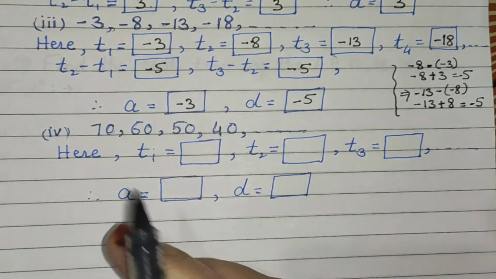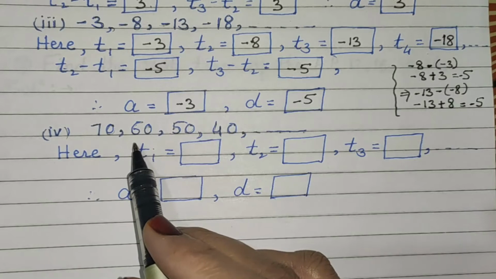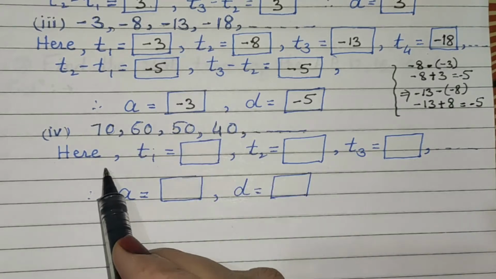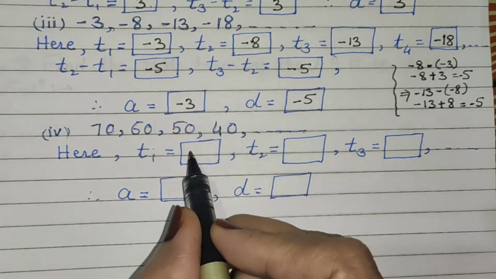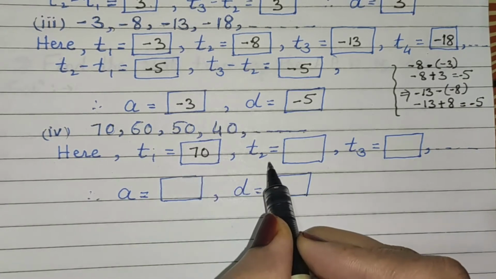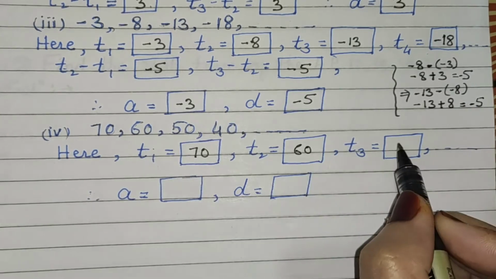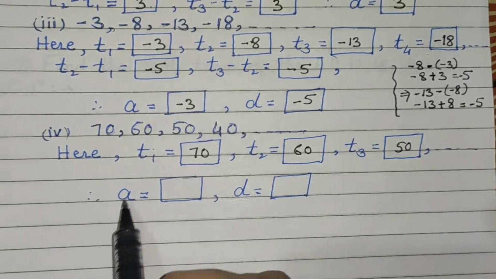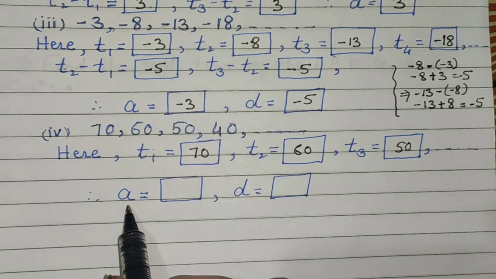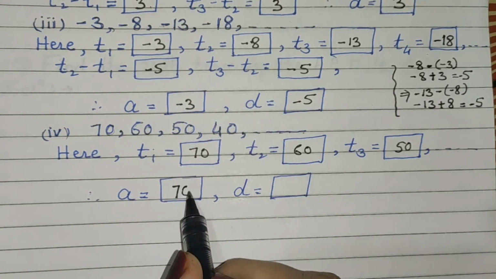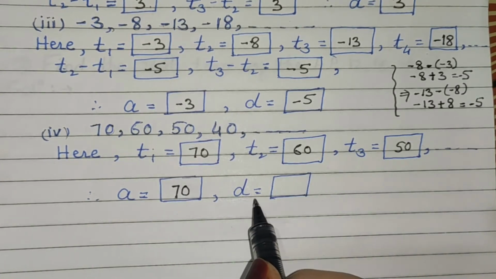Now look at the next question: 70, 60, 50, 40. Here T1 first term is 70, T2 second term is 60 and T3 third term is 50 and so on. Now a is first term, which is equal to 70. Write down here. And d is common difference.